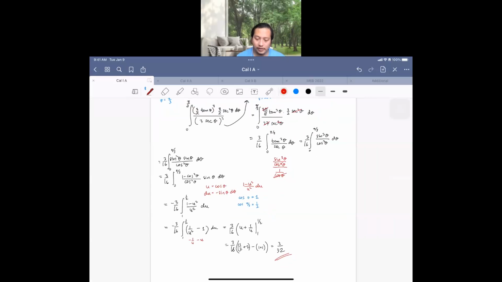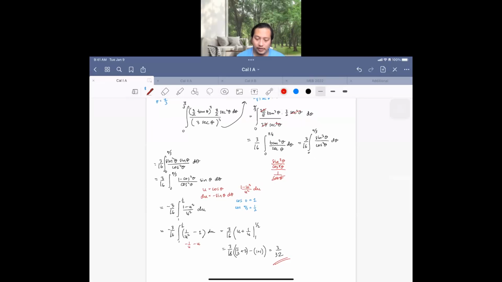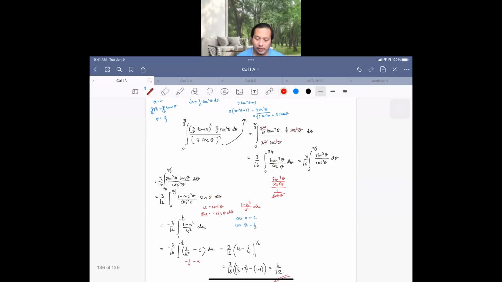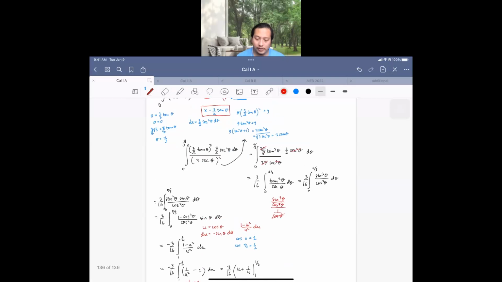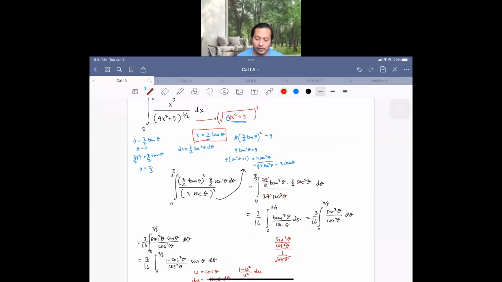Okay, it's quite long, a little bit complicated, but the idea here is just showing you that the variable that you are going to substitute doesn't always have to be a perfect x squared. It can also be like this.